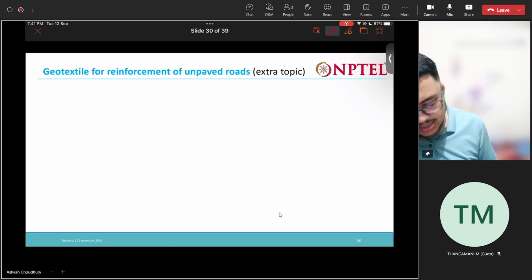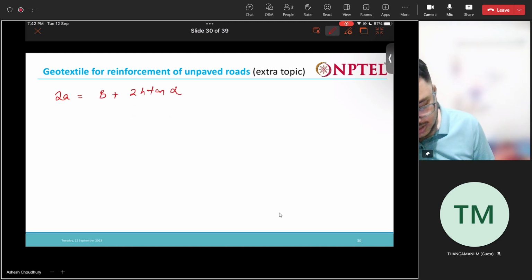So A is given as twice A is P plus 2H tan alpha, which is equal to root over P by PC.